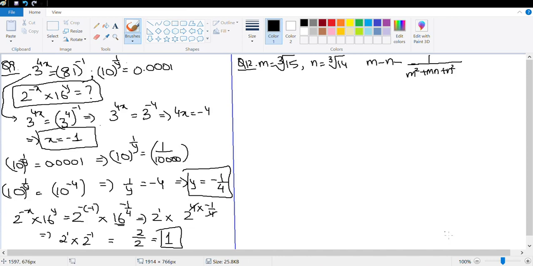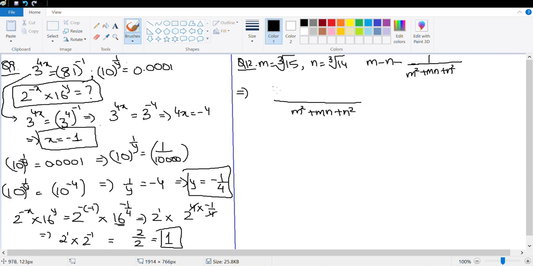Let's move on to question number 12. Question 12: m is given, n is given. We need to find the value of this. So let's add them. Let's take the LCM, m square plus mn plus n square.